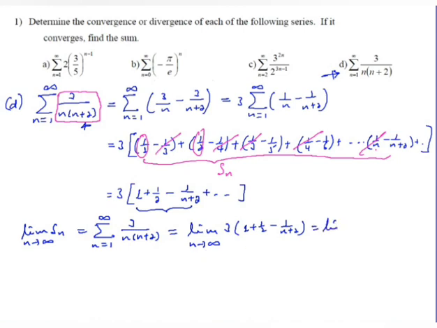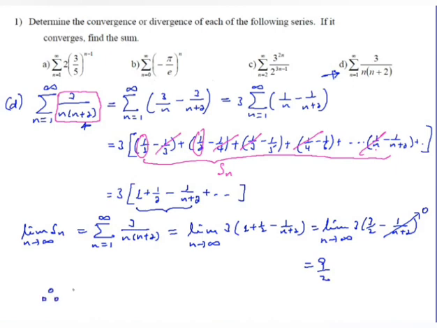This is the same as the limit of 3 times 3 over 2 minus 1 over n plus 2 as n approaches infinity. Now as n approaches infinity this term approaches 0, therefore the result will be 9 over 2.